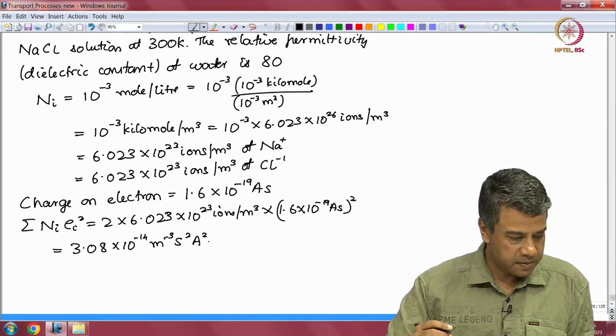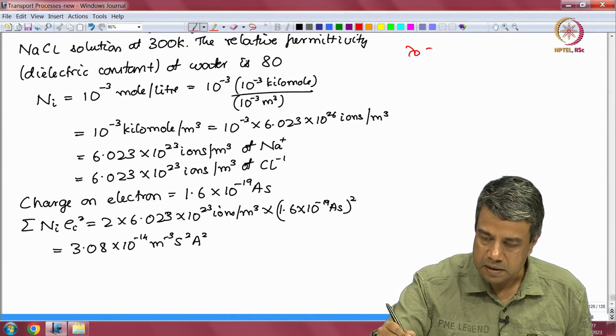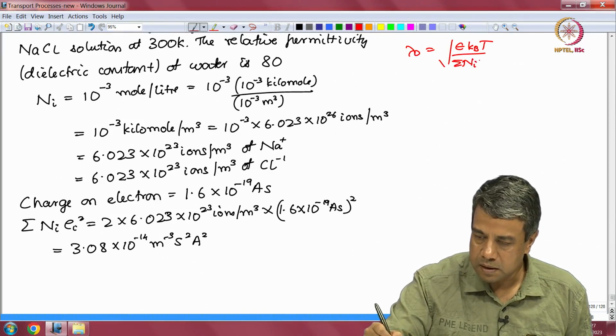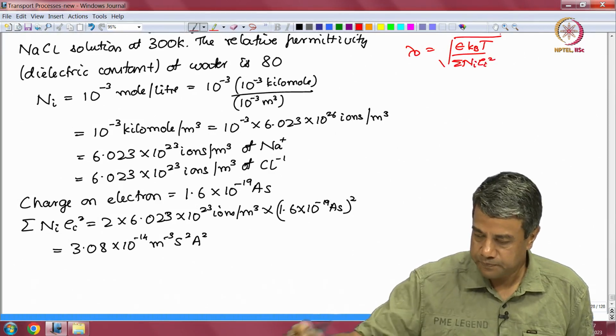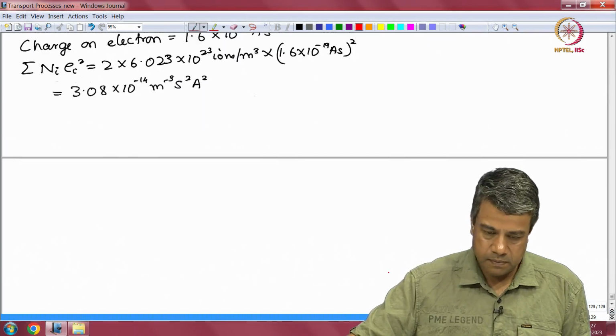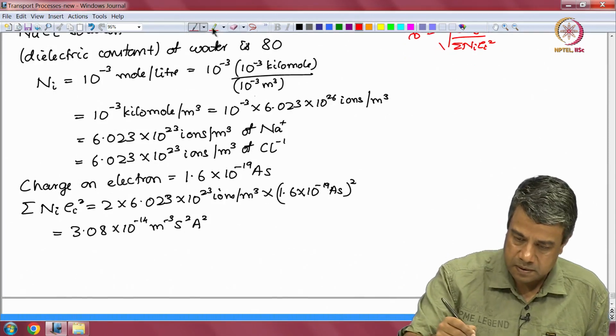Recall that the expression that I had, lambda D is equal to square root of epsilon k_B T by summation n_i e_i square. So next I need to calculate what is epsilon.